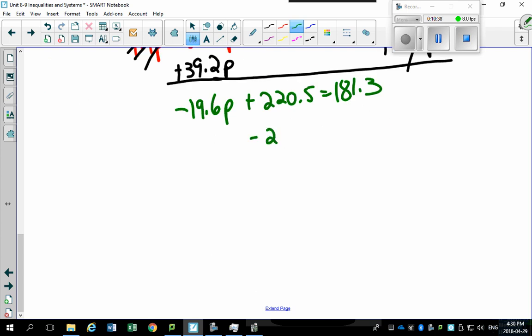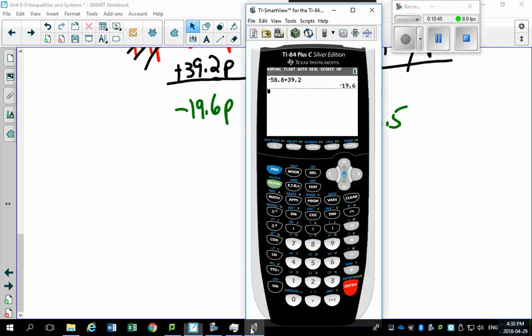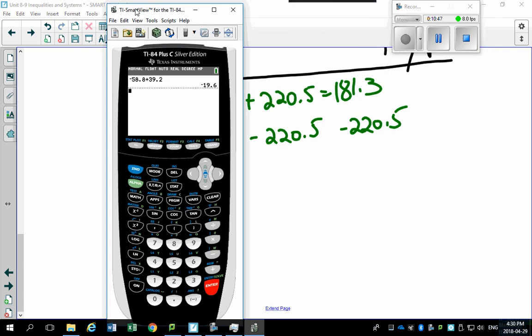So subtract 220.5, bring up the calculator again, okay? Here we go. 181.3 subtract 220.5, okay? It gives you an answer of minus 39.2.